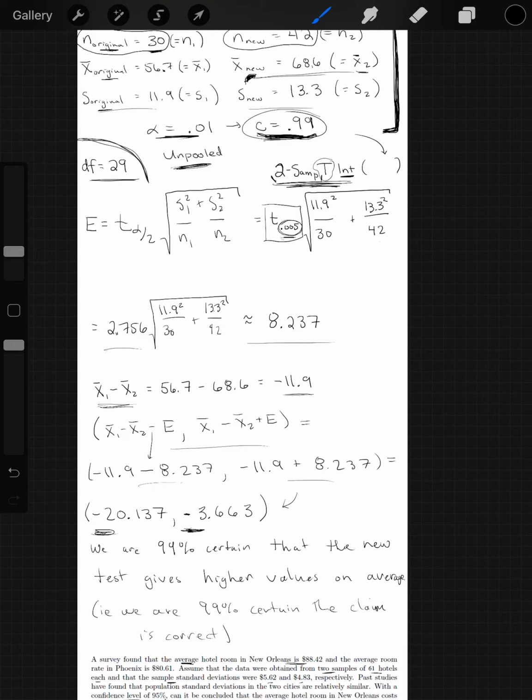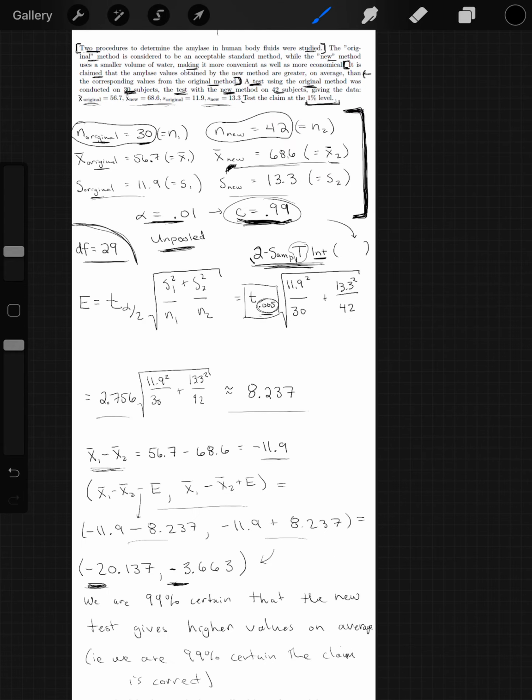Now, if we subtract two numbers and get a negative number, that means that the second one was bigger. So the fact that both of these numbers are negative tells us that the average of values for the second sample, the sample we labeled 2, are bigger. And if we go back up to our problem, 2 here was associated with the new sample, the sample with the new procedure. So we are 99% certain that the new procedure gives higher values on average.